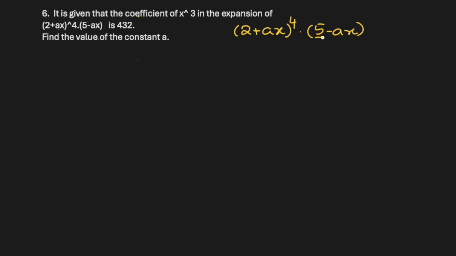How can I get x cube? By multiplying with 5. From here I need x cube, so that 5 and that x cube give us x cube, right? So in the expansion of this, I'll just focus on where we have the power of ax as 3. That will be my starting point. Ax to the power 3. When we start with one of the terms in binomial with the power, we give it a coefficient of 4c, and the same number we give as exponent here, 4c3. 4 is the maximum exponent we have.